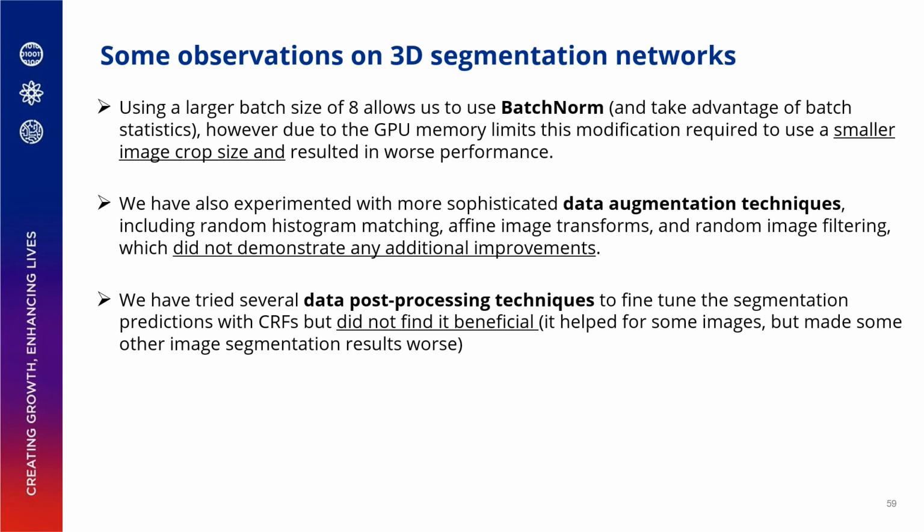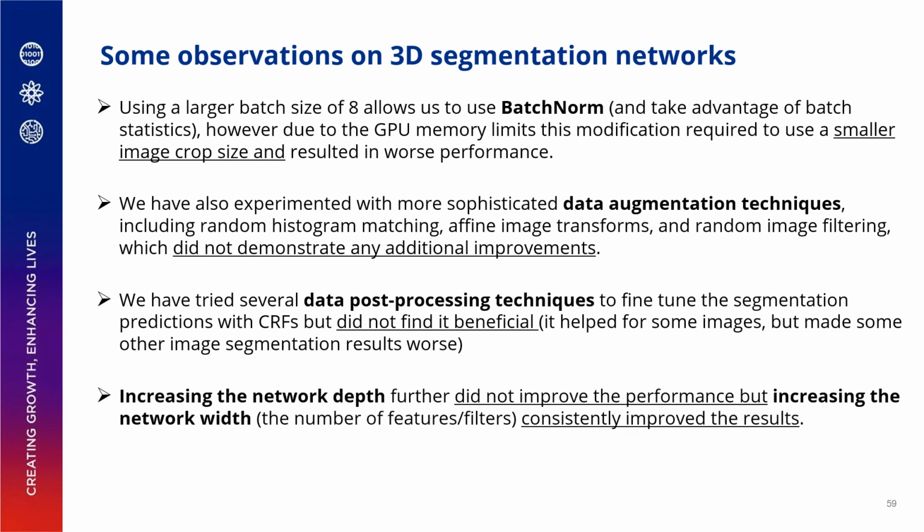Using post data processing techniques and all. Some of it helped, but most of the time it made results worse. And on top of that, things like CRFs are very computationally intensive. So just not the right direction in our opinion.